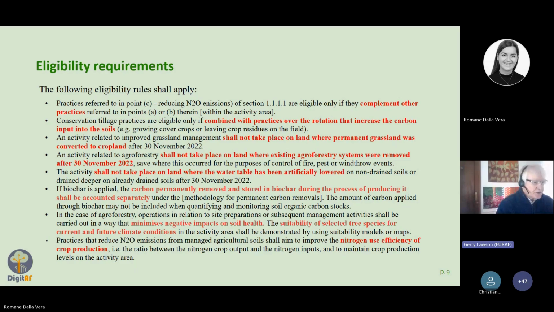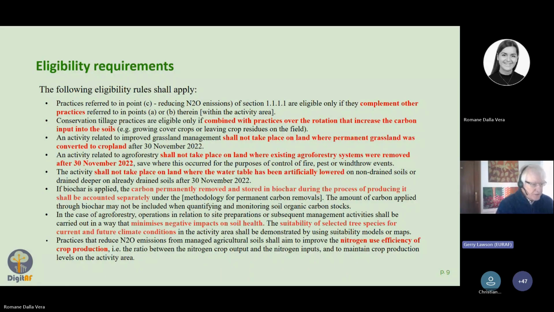Grassland improvement or agroforestry should not take place on land that has had a change of use recently. Biochar, potentially very important, as we'll see later, but it has to be accounted separately. Biochar has been looked at increasingly as a permanent carbon removals. So the price that you get for biochar will be higher than a temporary carbon removal.